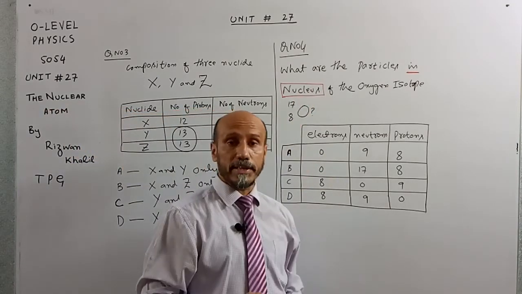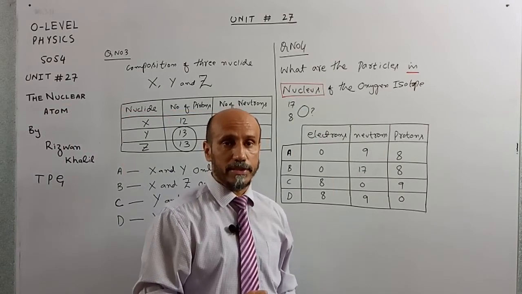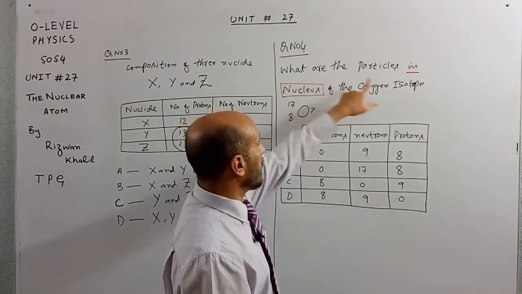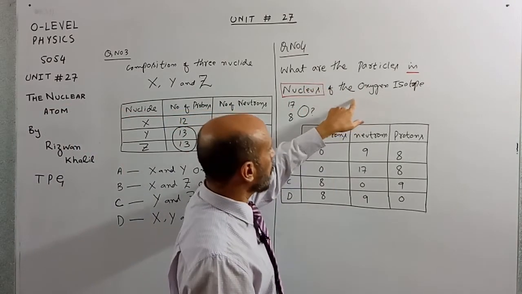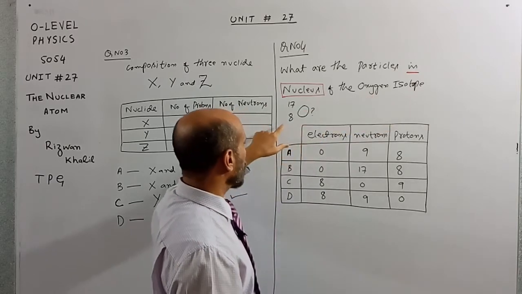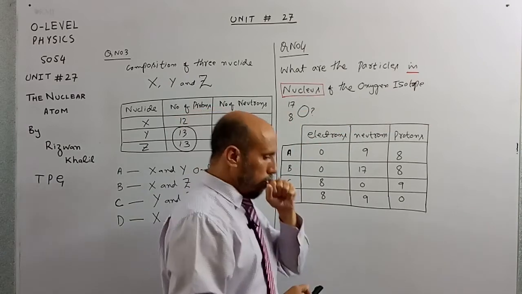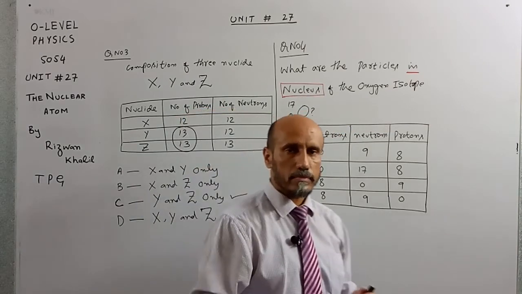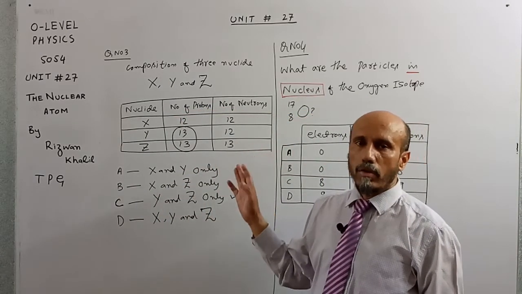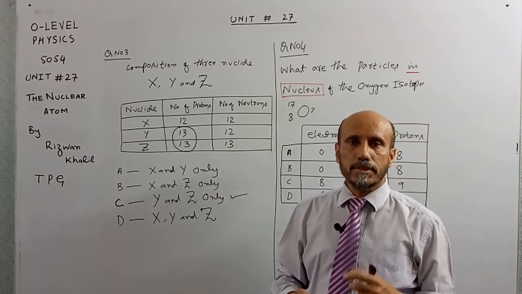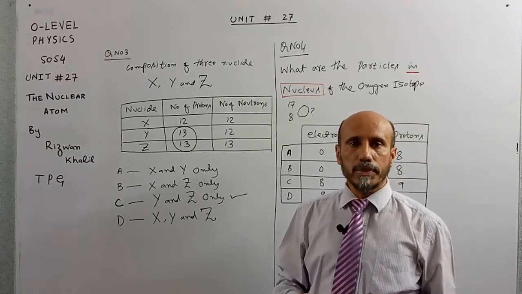And this is a very interesting example, last example of this unit. What are the particles in nucleus of the oxygen isotope 8O17? Now, this is a bit confusing question.